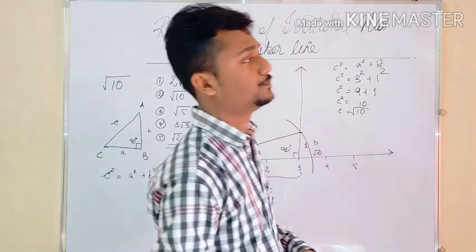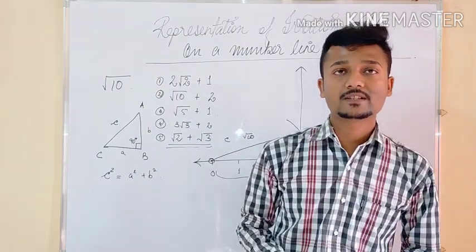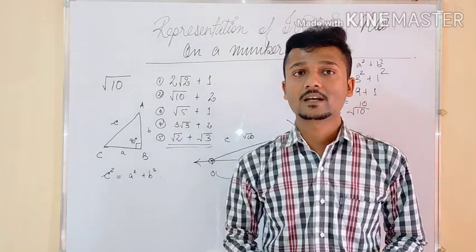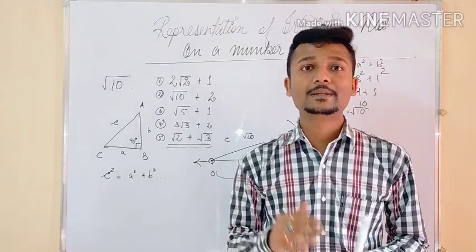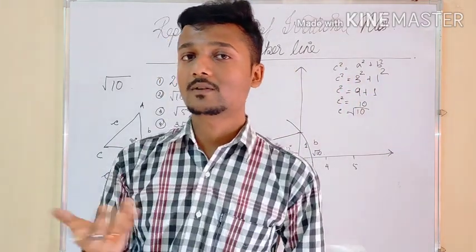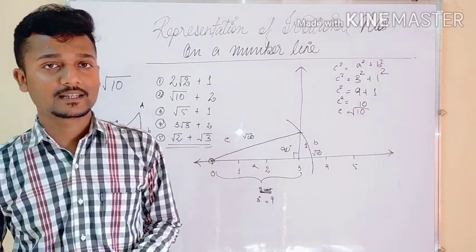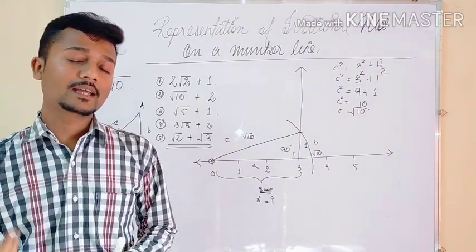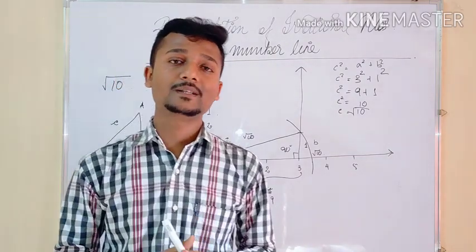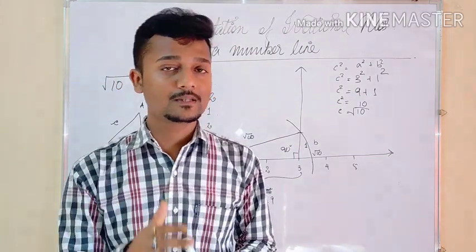Now, in our very previous class, that is my first lecture, I have said that we can represent non-terminating repeating decimals in p by q form. Why? Because they are rational numbers. I have said that thing, yes or no? So, in our next class, we will be discussing how to represent a non-terminating repeating decimal into its p by q form.